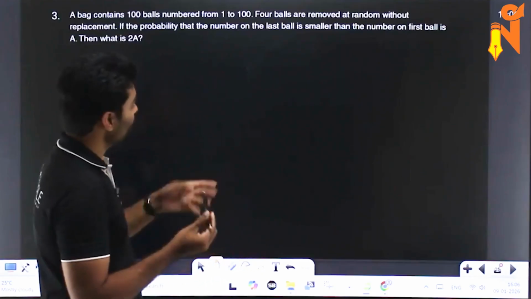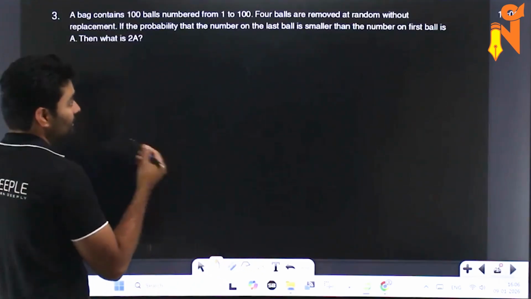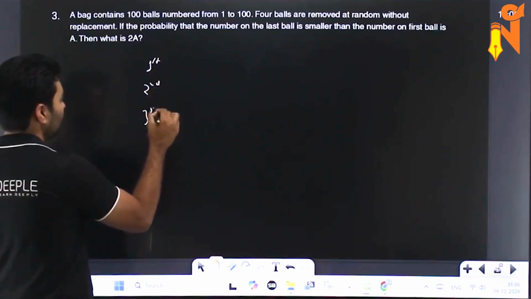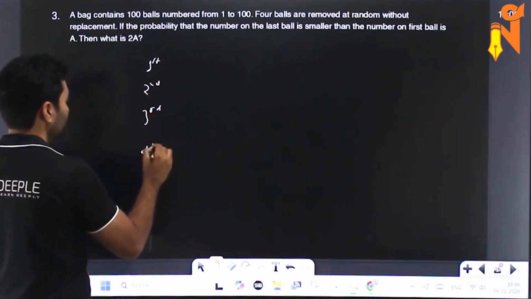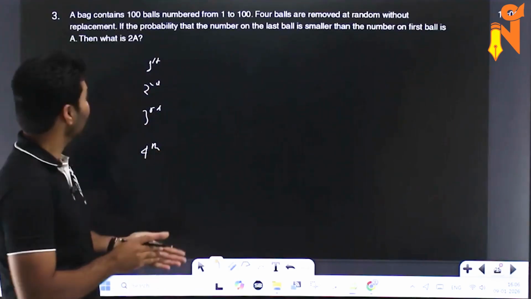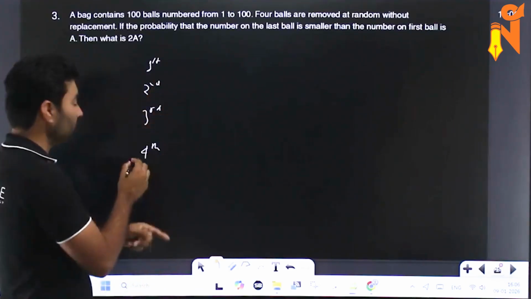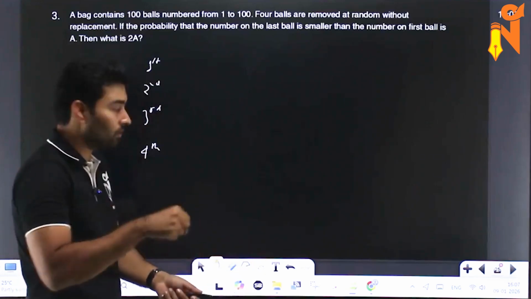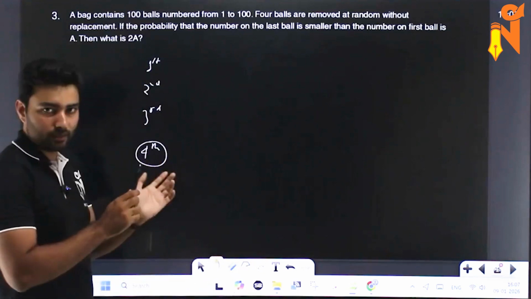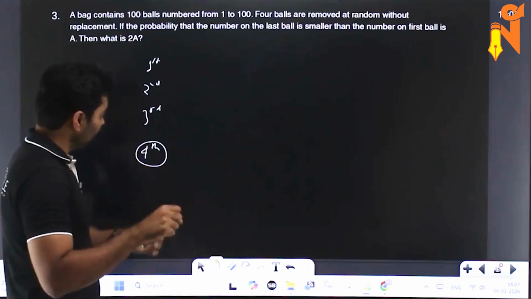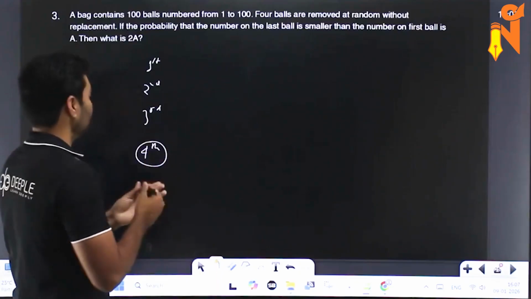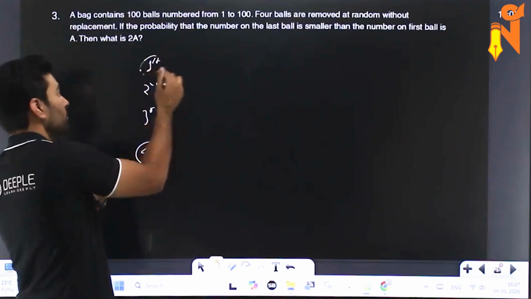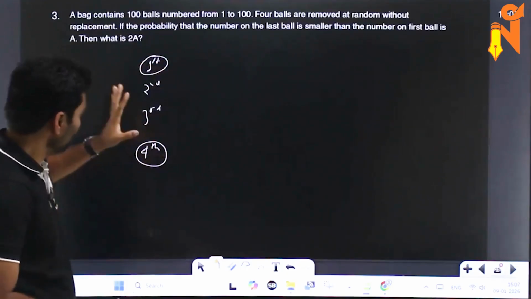So picking 4 balls out of 100 such that, let's say this is the first ball, second ball, third ball and fourth ball, in such a way that the last ball I am picking, the fourth ball, is the smallest, basically smaller than the first ball. It's very obvious.